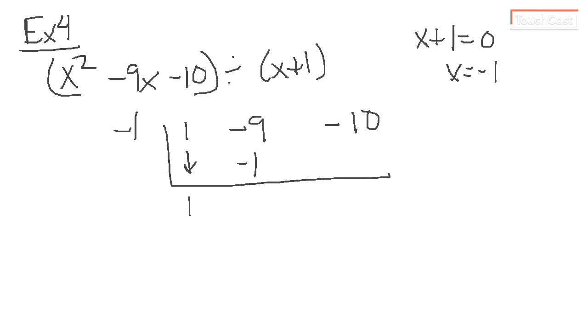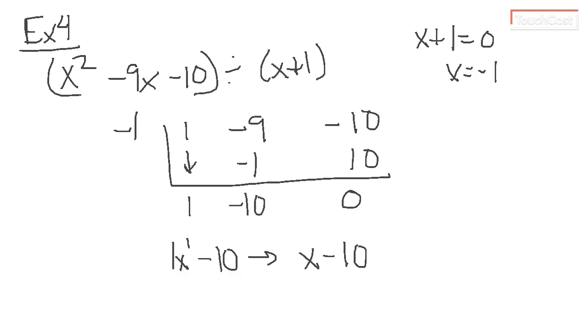Negative 9 plus negative 1 is negative 10. We multiply that again by negative 1, and we get 10. Negative 10 plus 10 is 0. So our answer is going to end up being 1 x to the first minus 10, which we can simply write as just x minus 10.